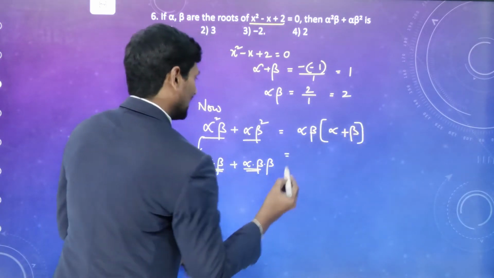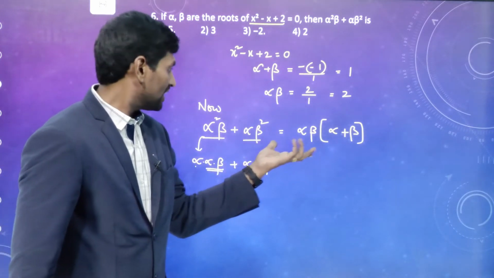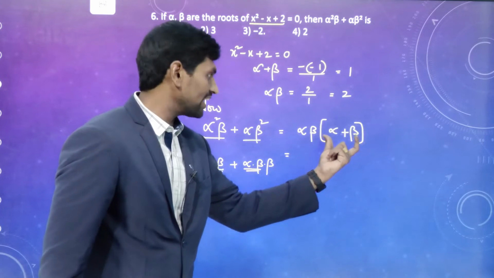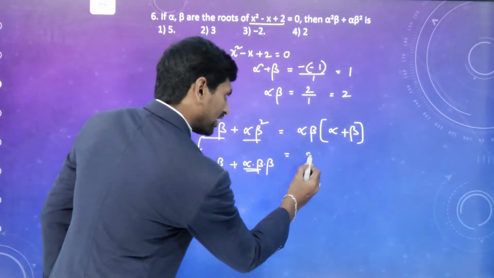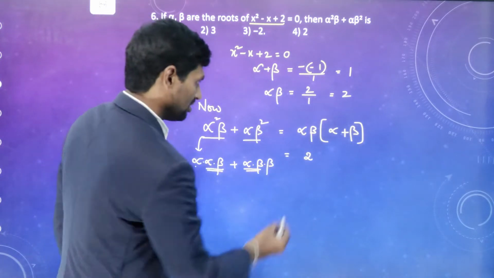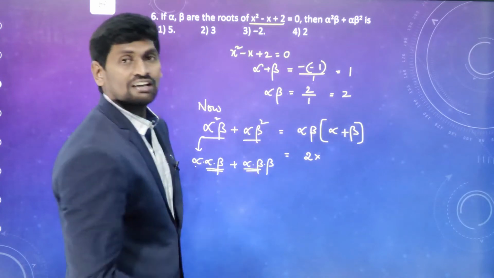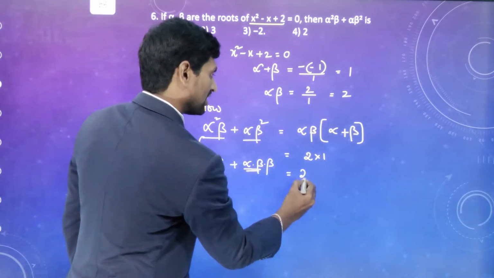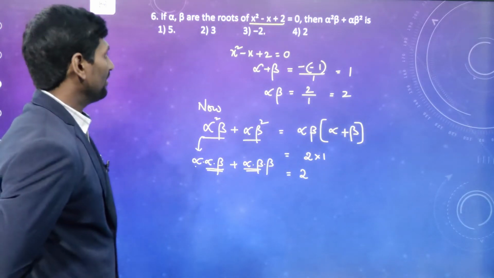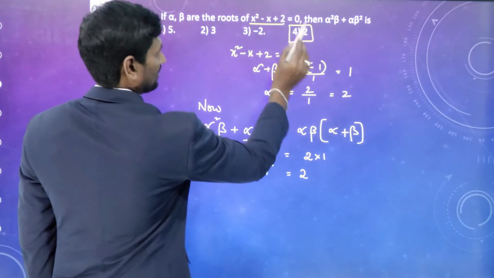Now, this alpha square beta plus alpha beta square, I can write in the form of alpha beta into alpha plus beta. Now, I know the value of alpha into beta, that is 2. Bracket indicates multiplication, and alpha plus beta value is 1. That means 2 ones are 2. The required value is 2, our option 4.